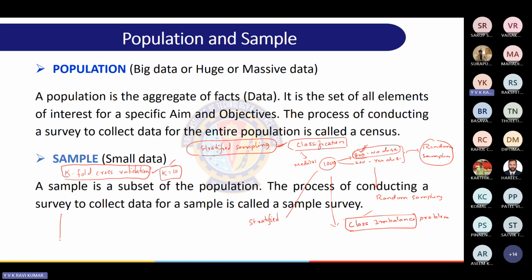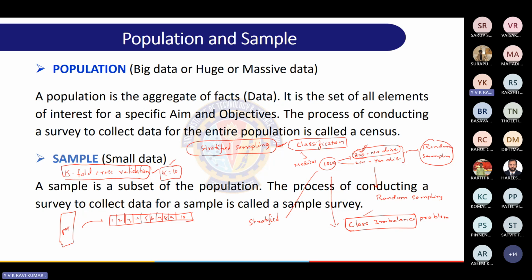Now the population is divided into 10 samples, randomly, maybe 1,000 records and then equally something like this.